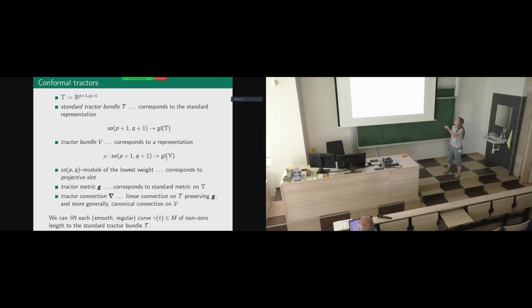My notation is that I will denote by T this R^{p+1,q+1}, which reflects the metric. And then I will have a standard tractor bundle T that corresponds to the standard representation of SO(p+1,q+1) to GL(T). And analogously, any tractor bundle corresponds to a representation rho of SO(p+1,q+1) to GL(V).